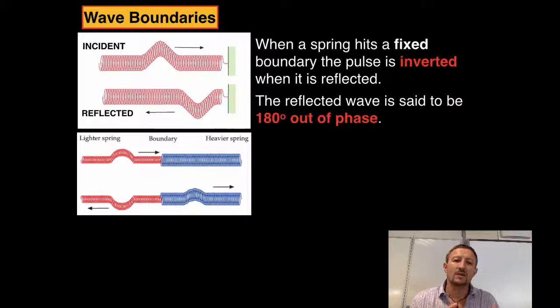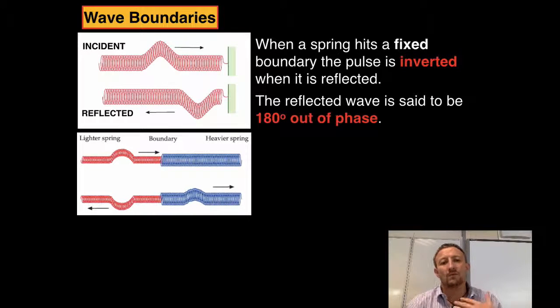However, the light spring then has the reflected wave, which is bouncing off the heavy spring. It's almost as if the boundary is forming some form of very tough surface that it can't get through. So some of that energy is passed through the spring, and some of the energy is passed back. That which passes back is inverted in this case.